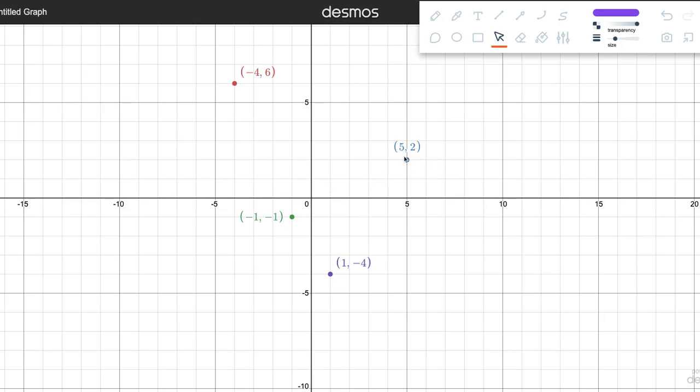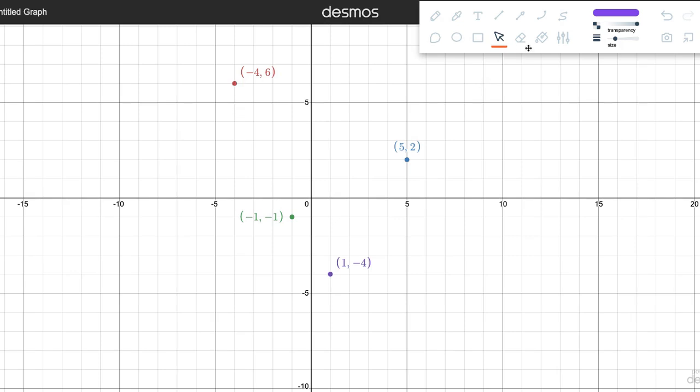What if I wanted to go from quadrant 1, from my first point in quadrant 1, my 5, 2, to negative 4, 6? Well, I can count that and I can say x, negative 1, negative 2, negative 3, negative 4, negative 5, negative 6, negative 7, negative 8, negative 9, and then up 1, 2, 3, 4.